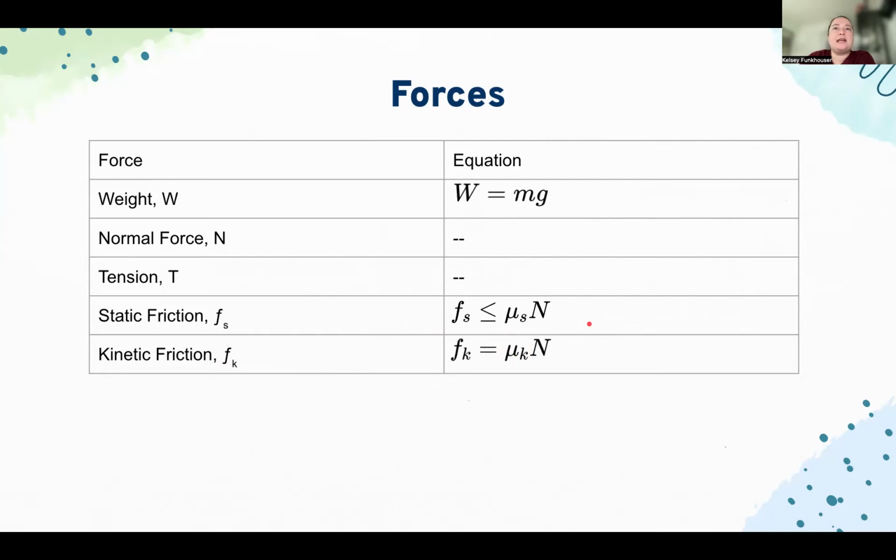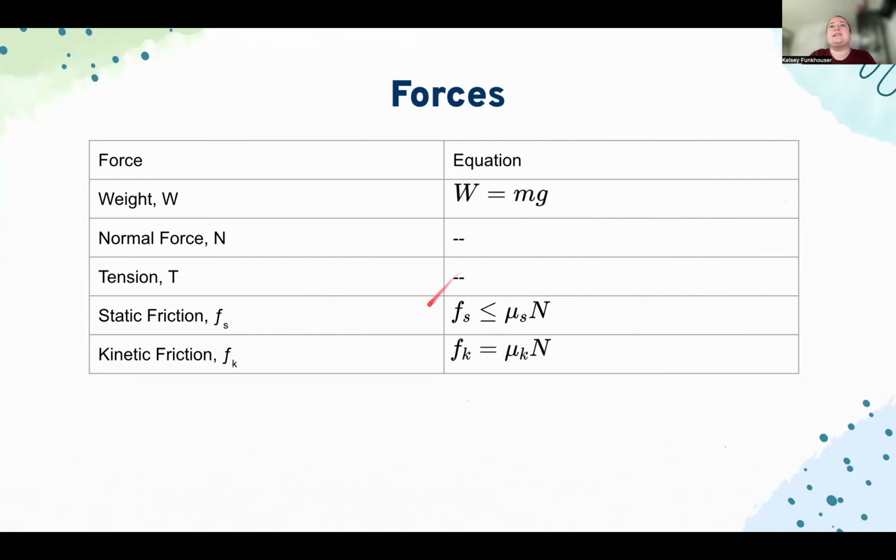And one other thing about static friction is the less than or equal to here. It is only as big as it needs to be to prevent motion. If you think about this with a free body diagram, for example, if we have static friction in the x direction and some other force in the x direction, if this part wasn't true, if it was always the maximum static friction force, that would cause acceleration in the direction of the static friction force if there wasn't another force countering it.